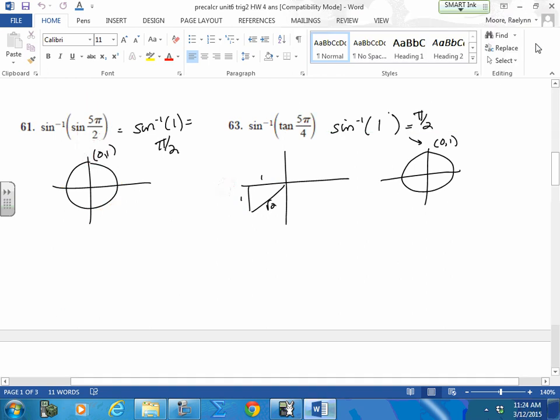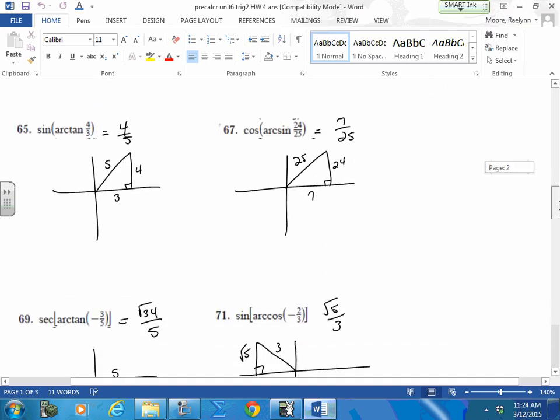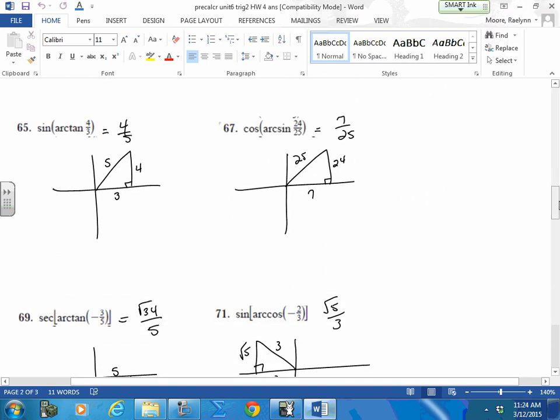Alright, these have the same concept, but they weren't your special triangles, and they weren't quadrantals. They're still different angles, and the thing is, we don't ask for the angle back, we usually ask for a function back. Otherwise, you have to pick up your calculator and find your angle rounding somewhere.